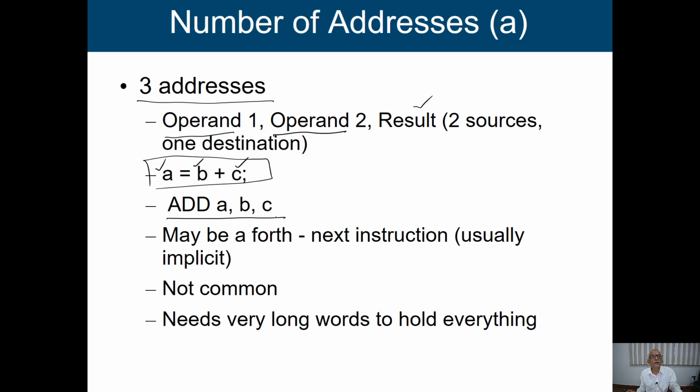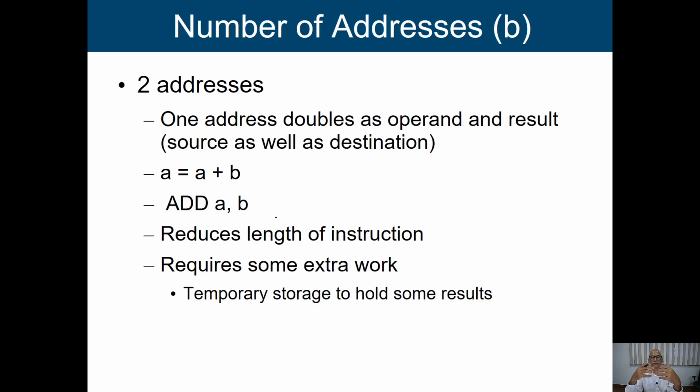Now we have seen that it is a very long instruction. We need more bits to use this instruction format. So we have come down from the 3 address format to the 2 address format. What happens in the 2 address format?